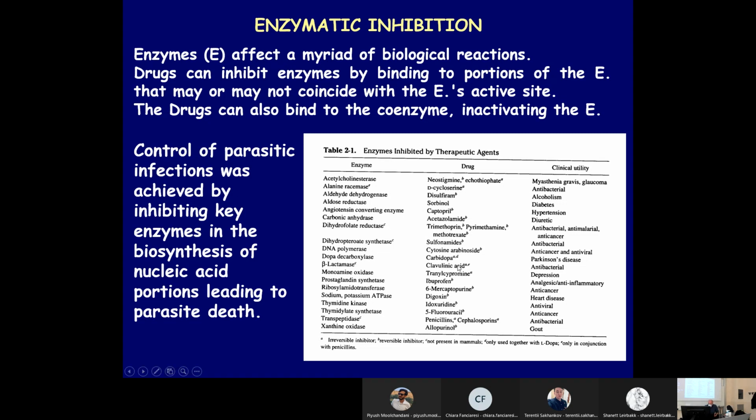Clavulanic acid is an inhibitor of beta-lactamase, and so clavulanic acid is able to block these enzymes able to open the ring of the penicillin.